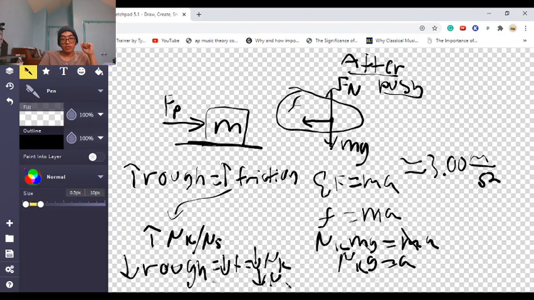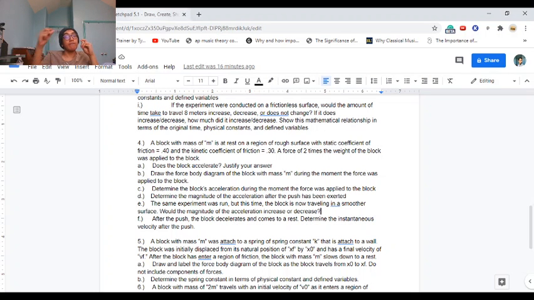So if you're going to have a smaller number, then your acceleration after the push, remember, is going to decrease. I should have specified it in part E, but what E is talking about is basically the acceleration after the push.